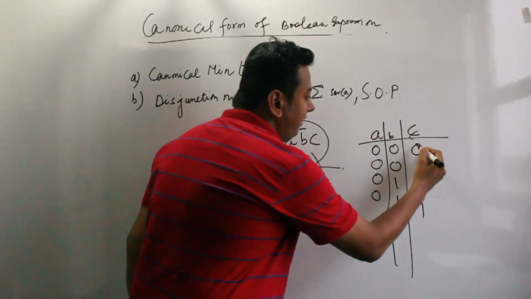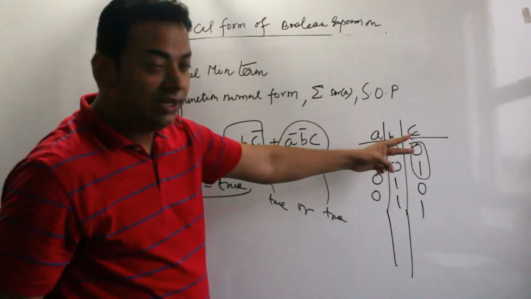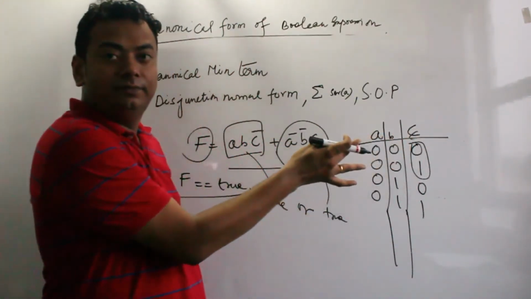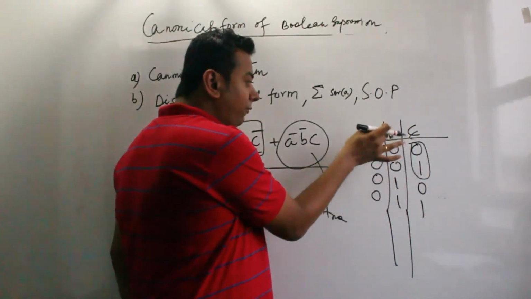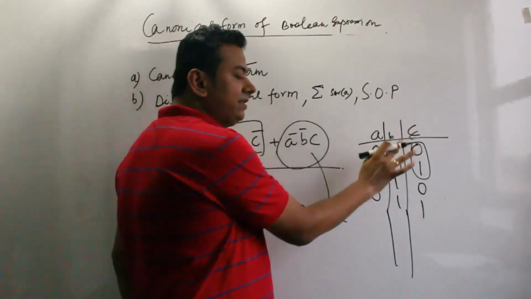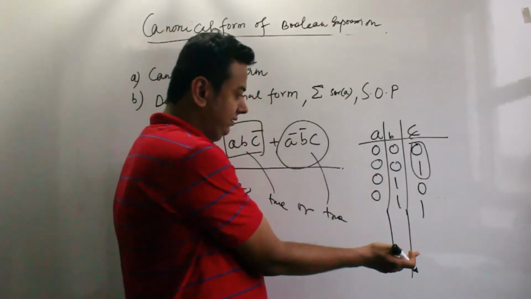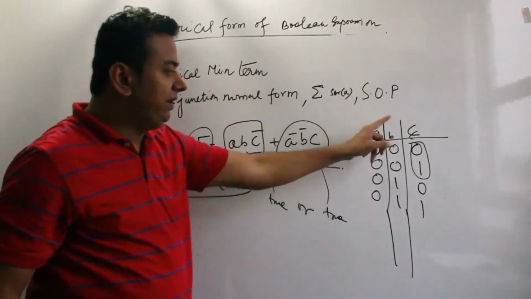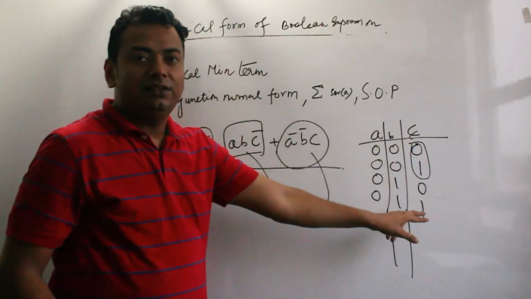This is the C variable, so it is toggling here. When B is 0, and when B is 1, B is also toggling. So for B equal to 0, C will be 0 and 1. For B equal to 1, C will be 0 or 1, right? So for A equal to 0, B will be 0 and 1, and for each B, C will be 0 and 1.